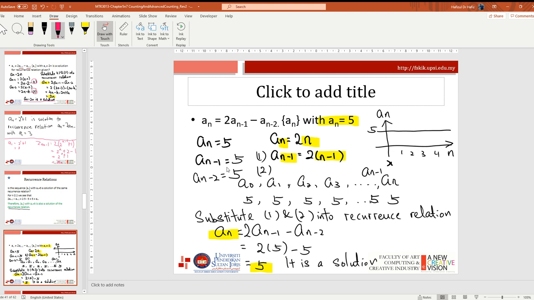So an minus 1 is substitute number 1, and an minus 2 is substitute number 2 lah. Okay, so we replace, it is a recurrent relation. Okay, an is equivalent to 2n. Okay, an minus 1 is equivalent to 2n minus 1.